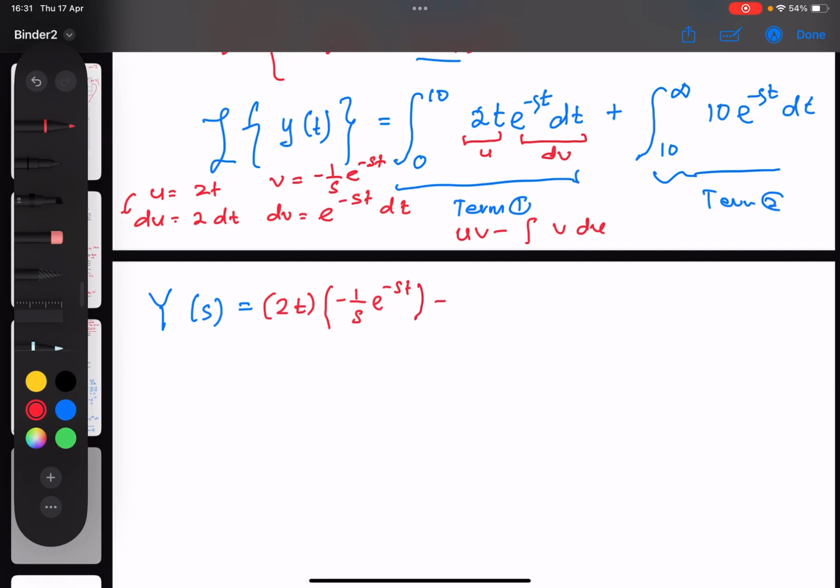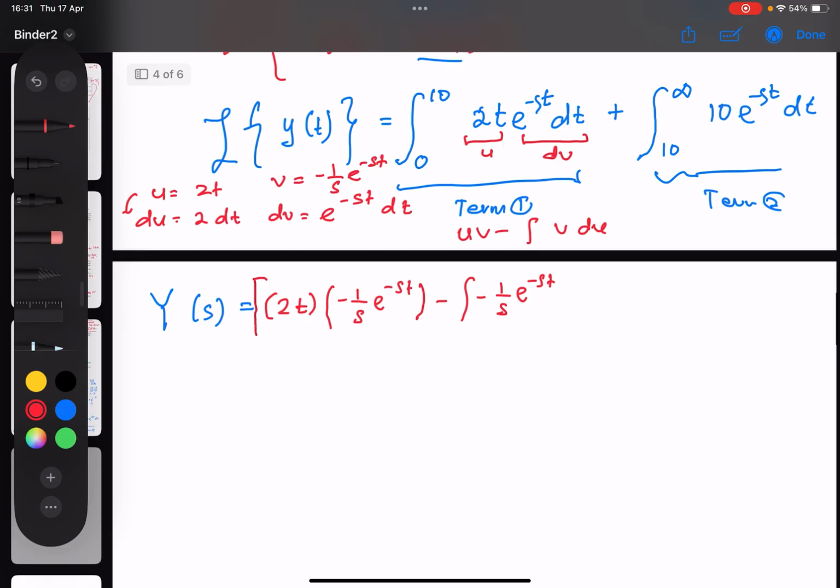V is negative 1 over s e to the power of negative st. Don't forget that the time for the first term is between 0 and 10. So the integral of v du is multiplied by 2, since du is 2 dt.